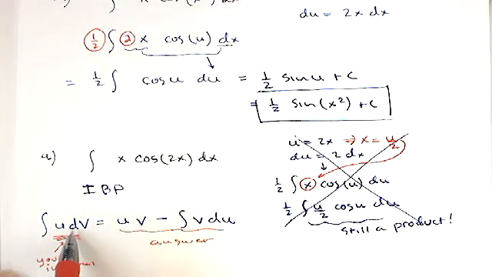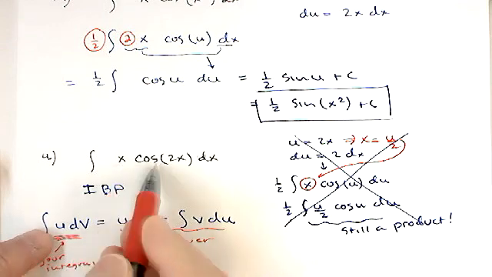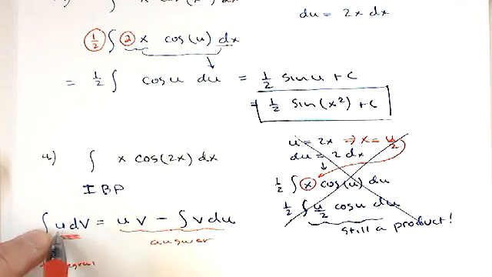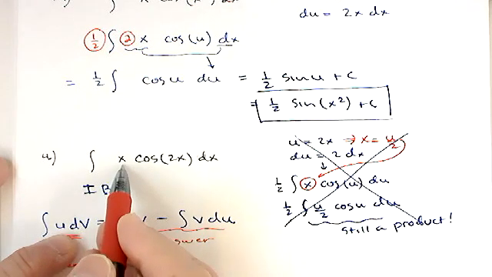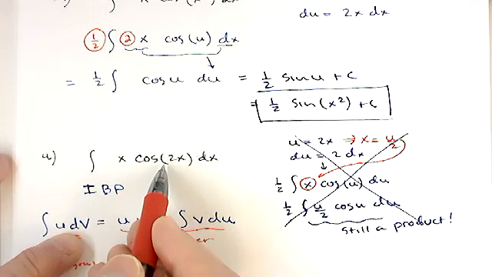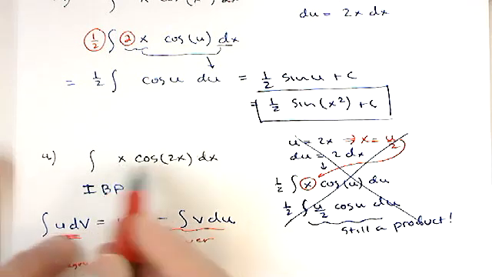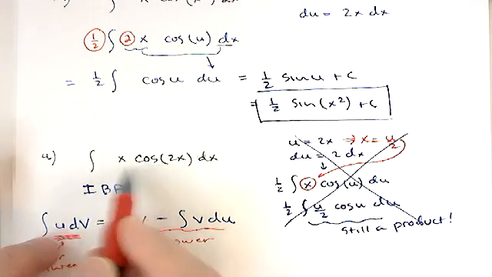And so since this is our integral, we need to think of one part of this as some function u. And remember, dv is shorthand notation for a derivative. So we're thinking of one part as a u and the other part as the derivative of some other function v. And it doesn't necessarily have to be in order.